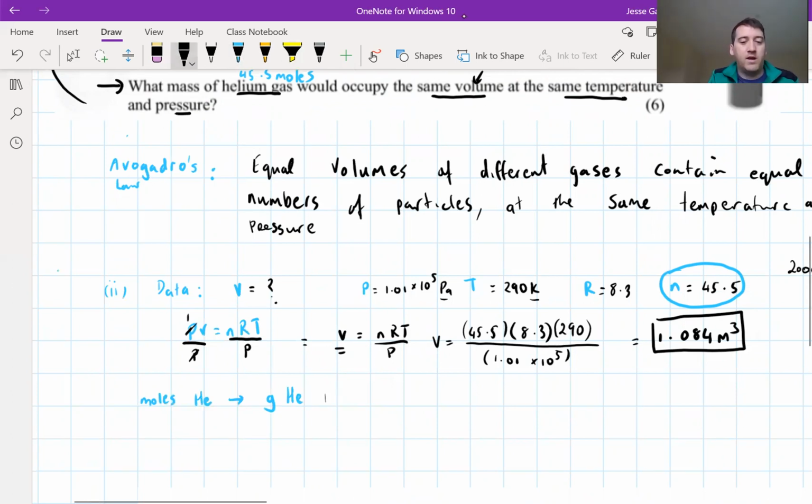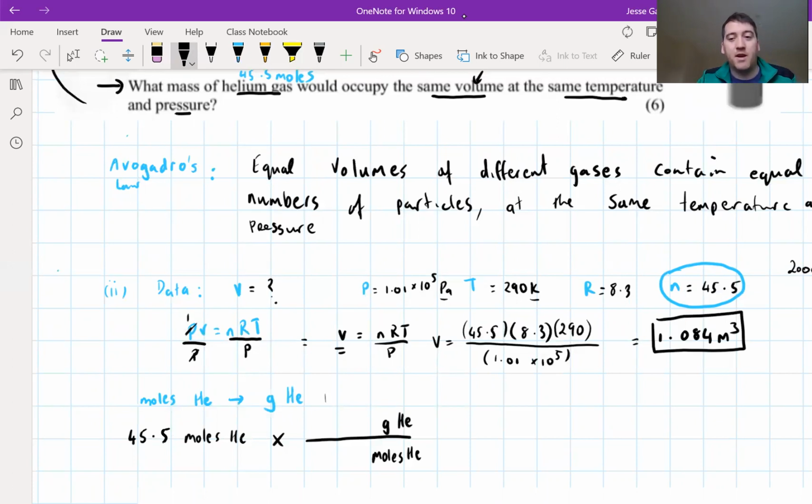All right, so hopefully you set up a unit analysis where we went from moles of helium and we multiply by the relationship between moles of helium and grams of helium. We're starting with 45.5 moles of helium because that's how many moles of carbon dioxide we had, and we know it's at the same temperature and pressure, so the volumes are the same, the moles are the same.